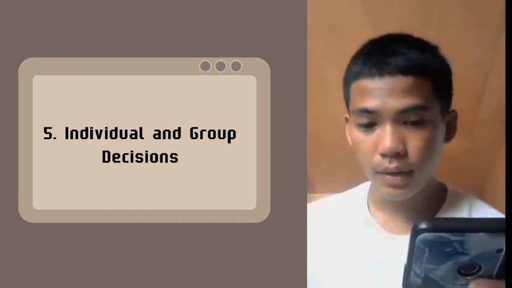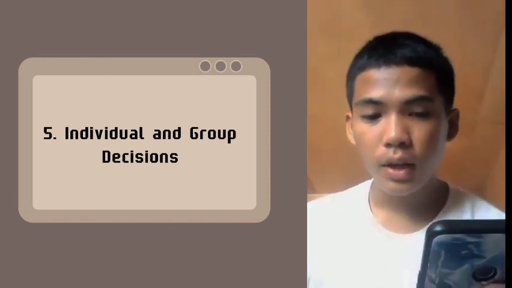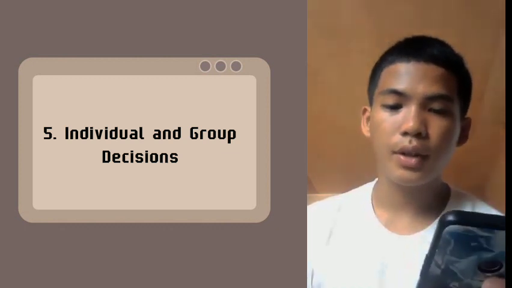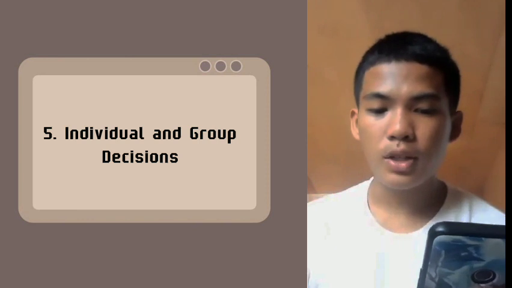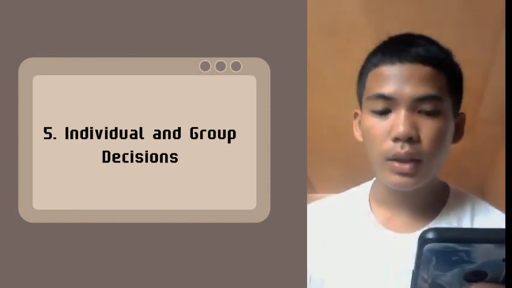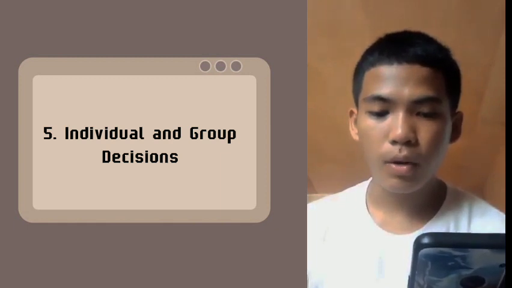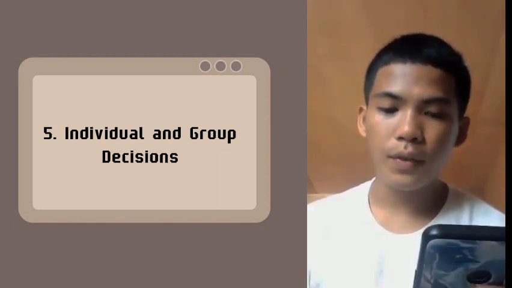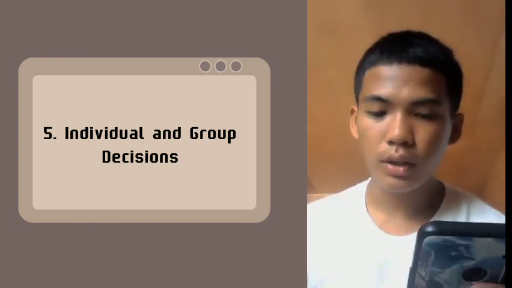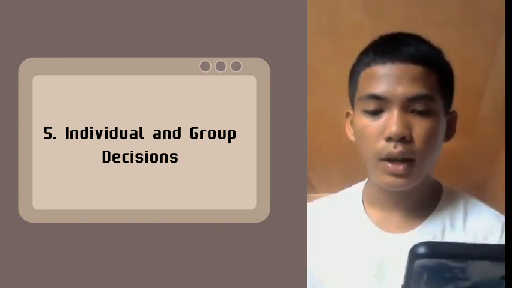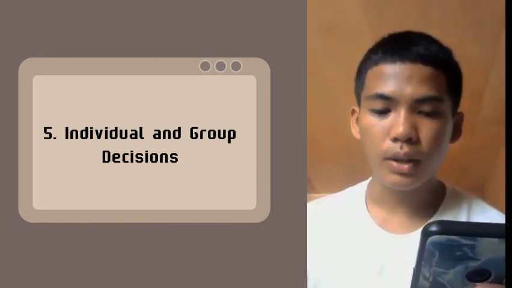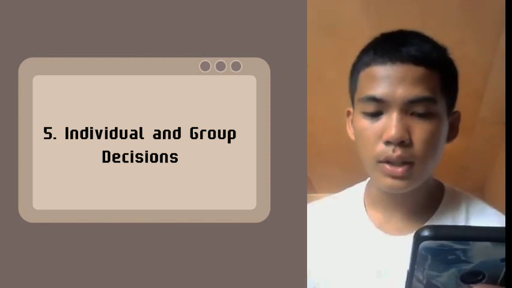Number 5, evaluate options and select the best one. Once you have a list of the potential solutions, you are now ready to evaluate them for the best alternative according to the criteria identified in step 3. Remember that you are able to combine ideas to create a solution. Ideally, everyone would agree on the solution, but it's possible that not everyone will.